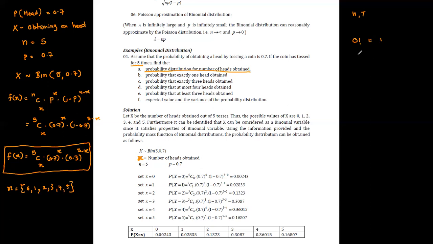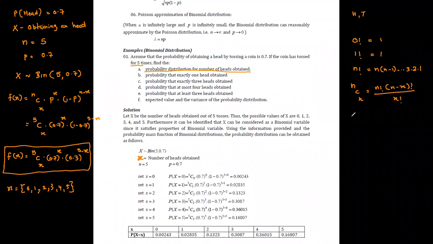Factorial 0 is equal to 1, 1 factorial is equal to 1, and n factorial can be written as n times n minus 1 times, likewise, down to 3 times 2 times 1.